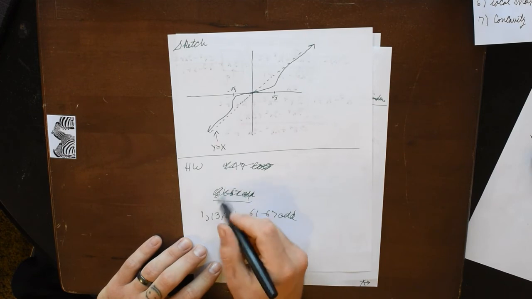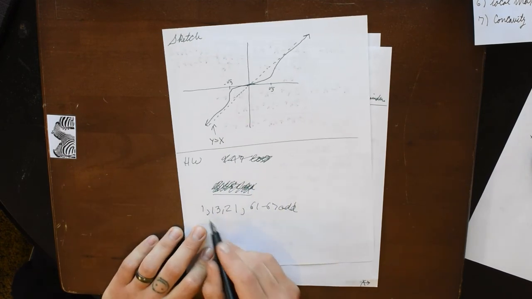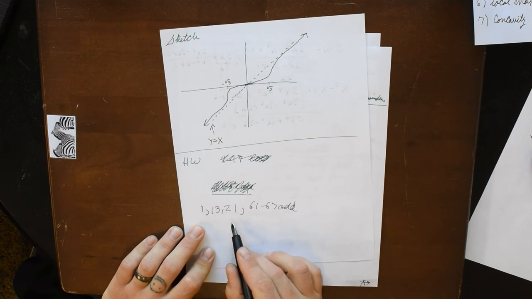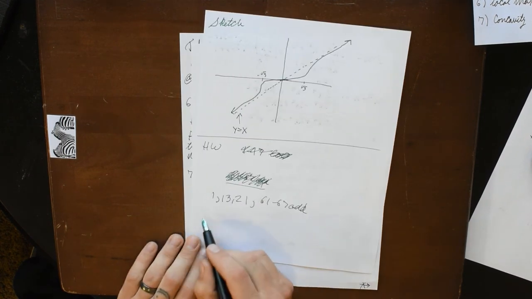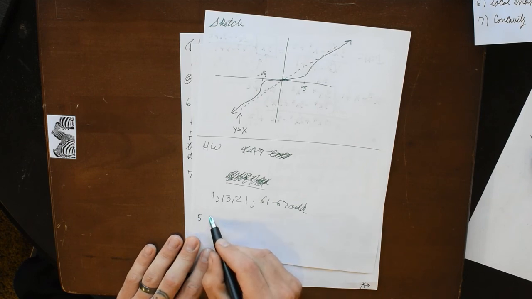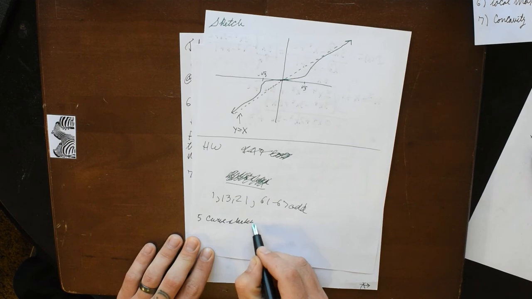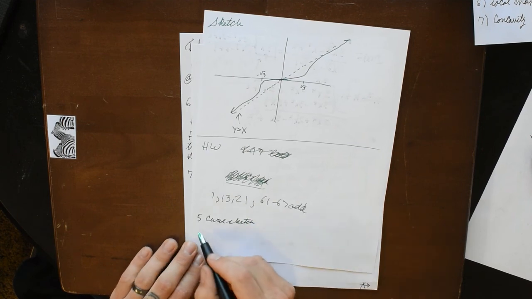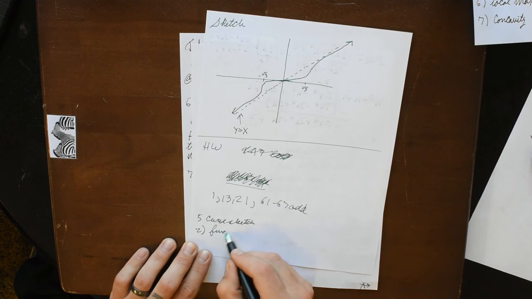For homework, go off and do these, and it took some time to figure it out. Do 1, 13, and 21. Then 61 through 67 odd. There are going to be 5 curve sketching problems, and they take some time, and there are going to be 2 where you just find the slant asymptote.